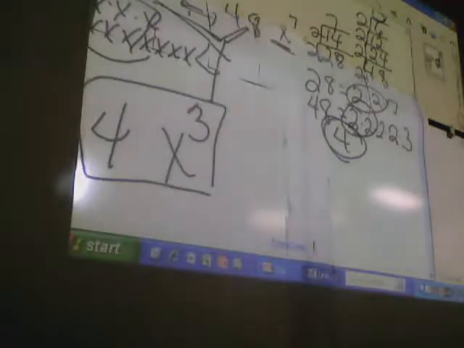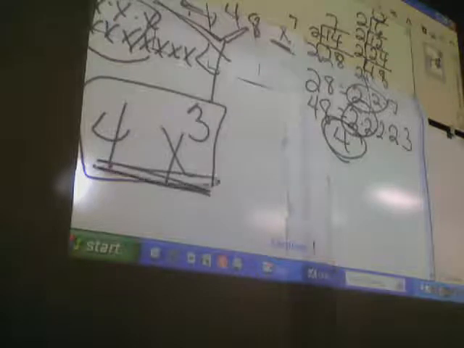So our greatest common factor is the 4 and then x to the 3rd power. That will divide into both of those terms. The 4x cubed, yeah, this is the answer right here.